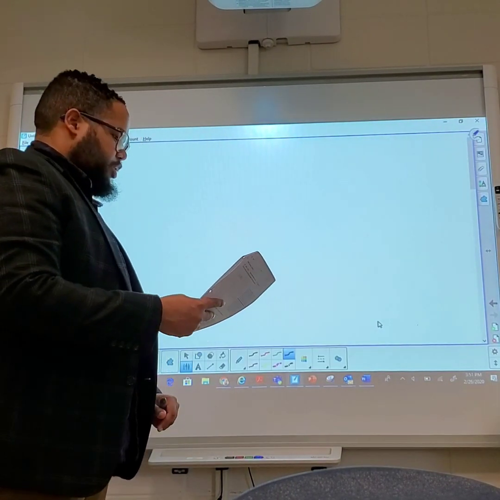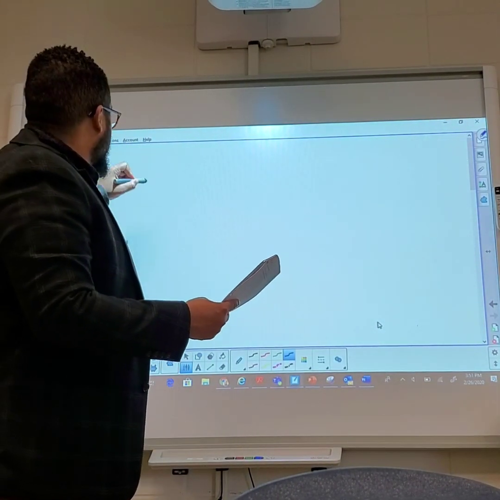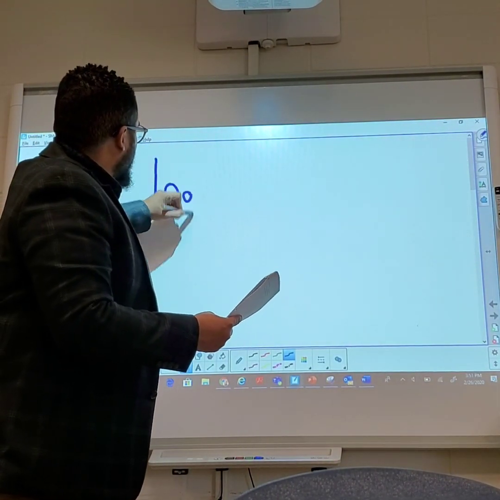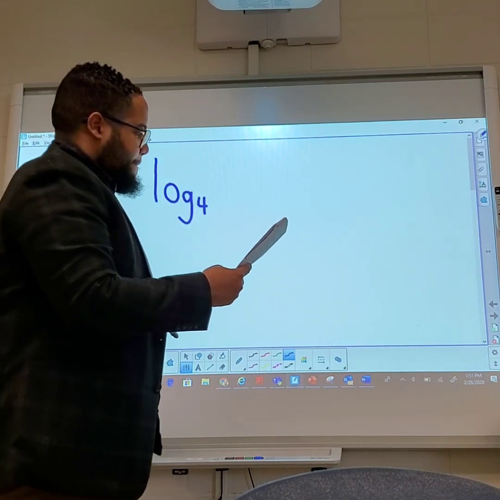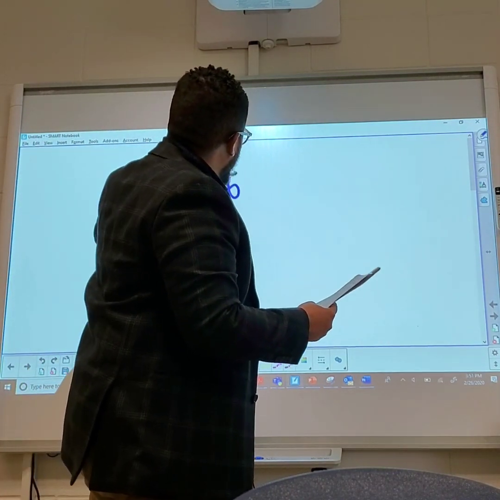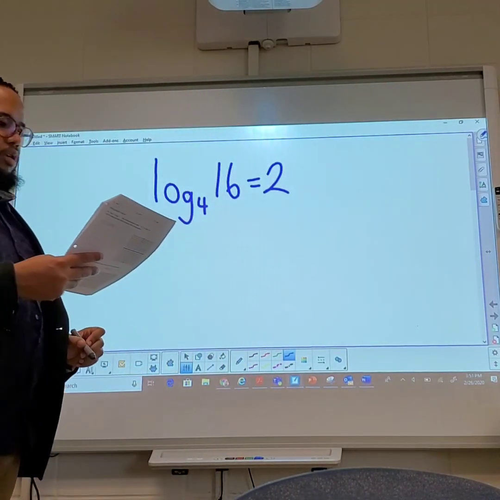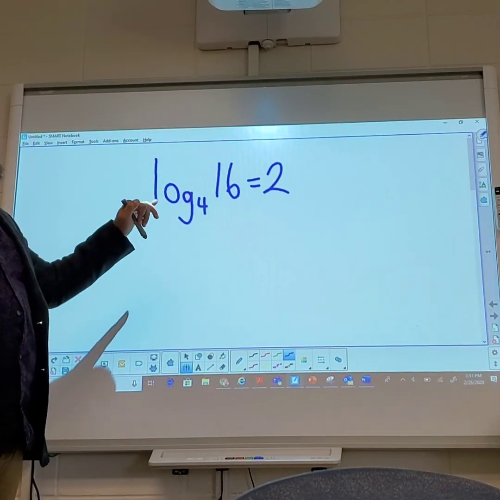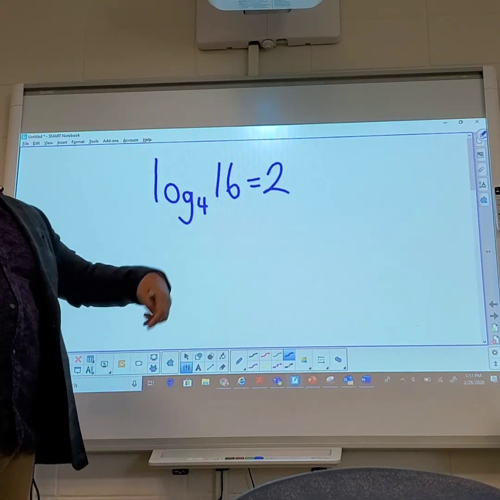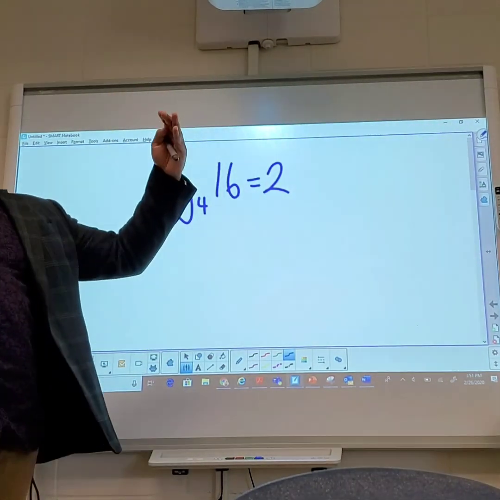So what we're going to do is start off with log base 4 of 16 equals 2. We started off with saying that log base 4 is the opposite of 4 to the something, right?